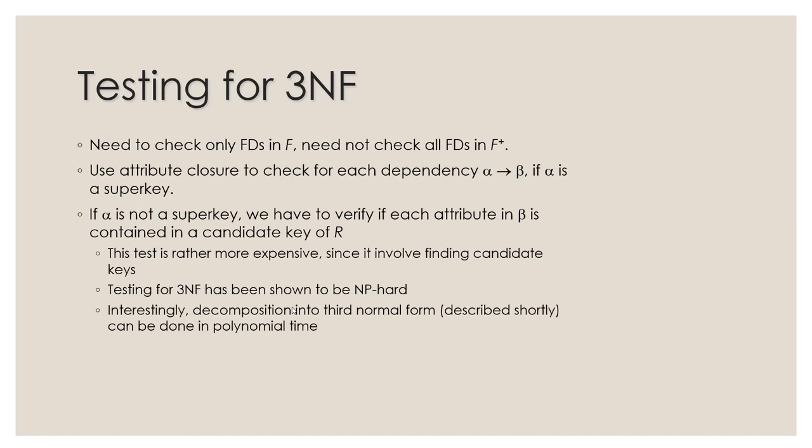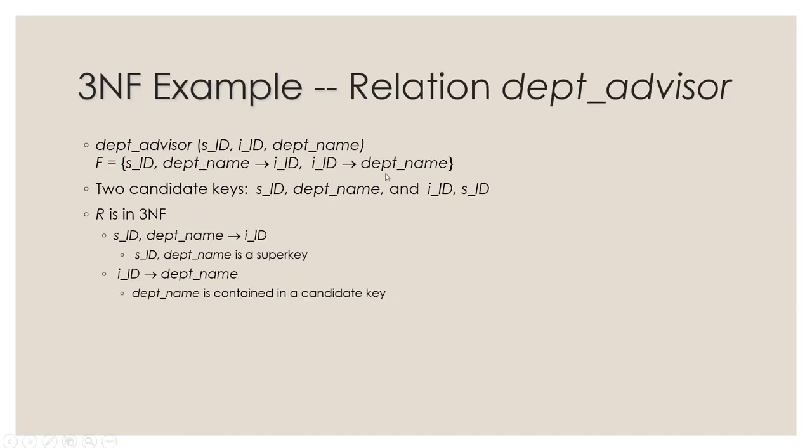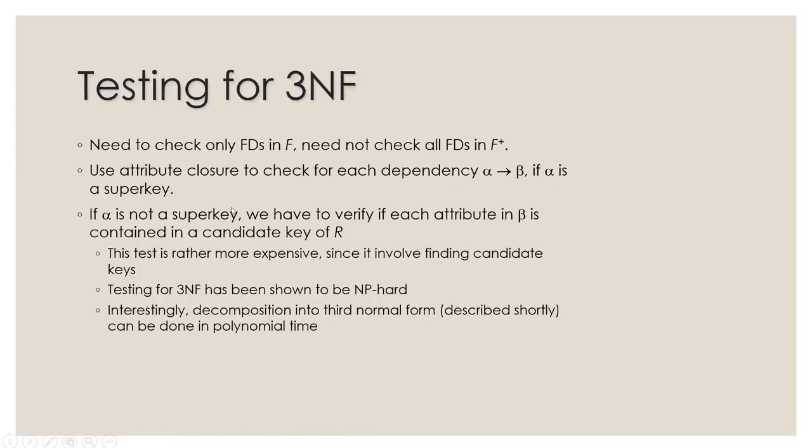Okay, so we need to check all the functional dependencies in FD. This one had 2. If there were 10 functional dependencies in FD, then you do have to check all 10. And then for each functional dependency, you check if it's trivial, which is rarely the case. Then you have to check if the left-hand side is a key, a super key, and you do this using a closure.